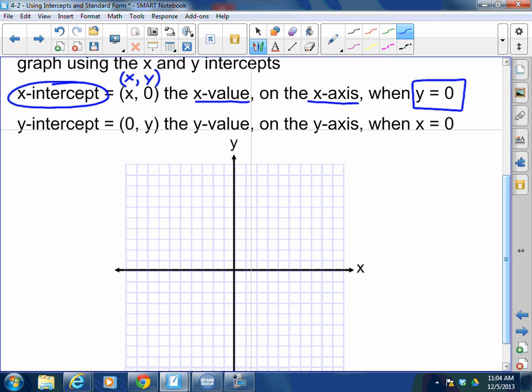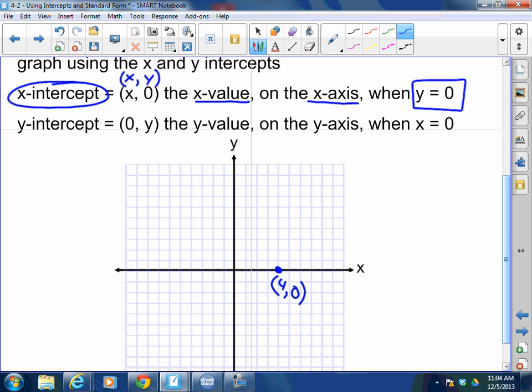So for example, this right here is an example of an x-intercept. That point right there is 1, 2, 3, 4, so it's (4, 0). It's the x value on the x-axis when y is 0. So if I want to find an x-intercept, simply replace the y with 0 and solve for x.